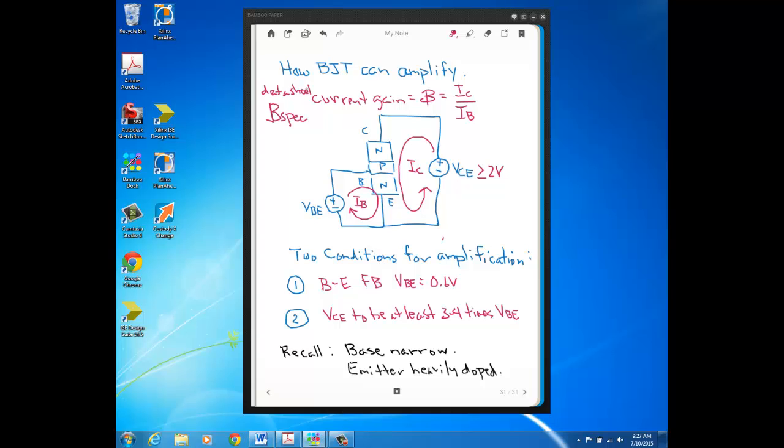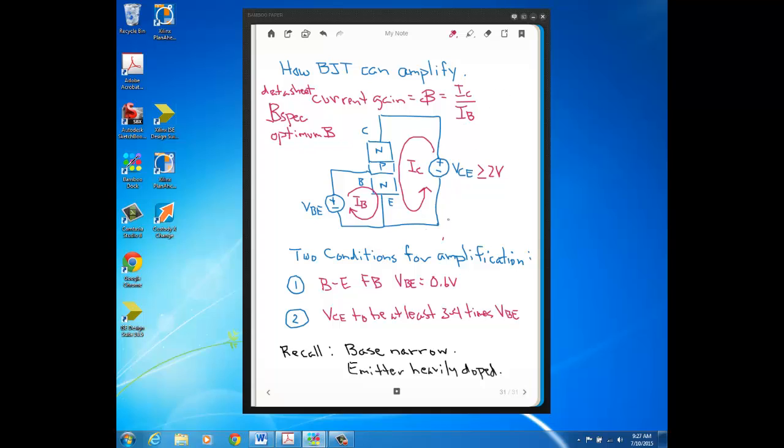BJTs have data sheets just like diodes and any sort of component. And this beta spec is the optimum beta. This is the max beta that the transistor has the ability to provide based on its fabrication. And we'll talk more about beta spec coming up here.